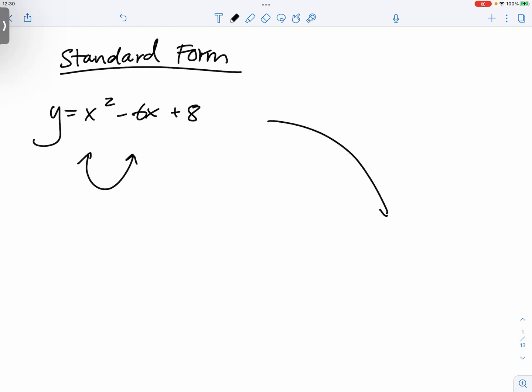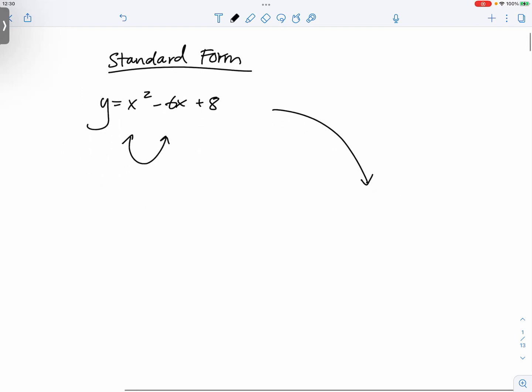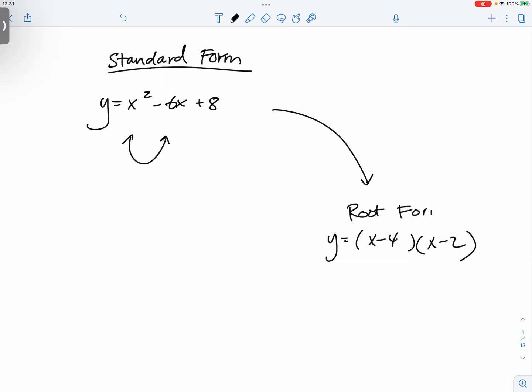And if you factor it, then it becomes y equals (x minus 4)(x minus 2). And this would be our root form. That means you will know your roots. The roots are 2 and 4. Okay, you know your root form, you know your roots.